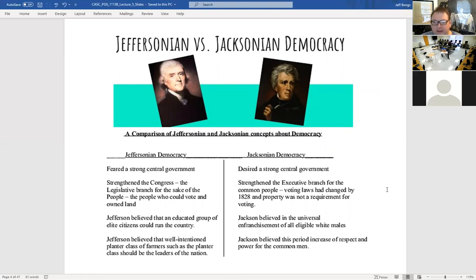Throughout the history of our nation, there have been influences that have basically worked to give the people more power under the Constitution.